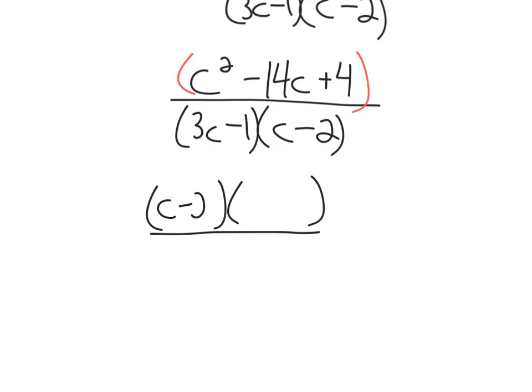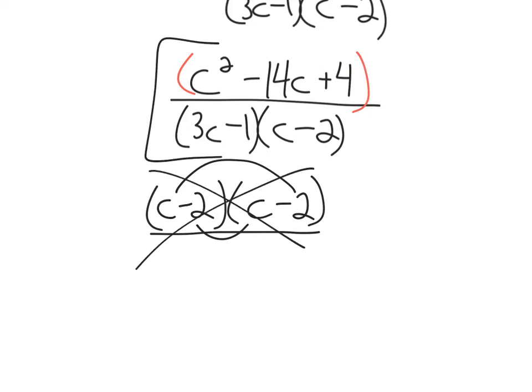So if we do c minus 2, we'll try that. The other one, since we have a plus 4, that would also have to be minus 2, and that would also be c minus 2. That only gives us minus 4c, not minus 14c, so that doesn't work. So the answer that we had previously is as far as we can go with this problem.